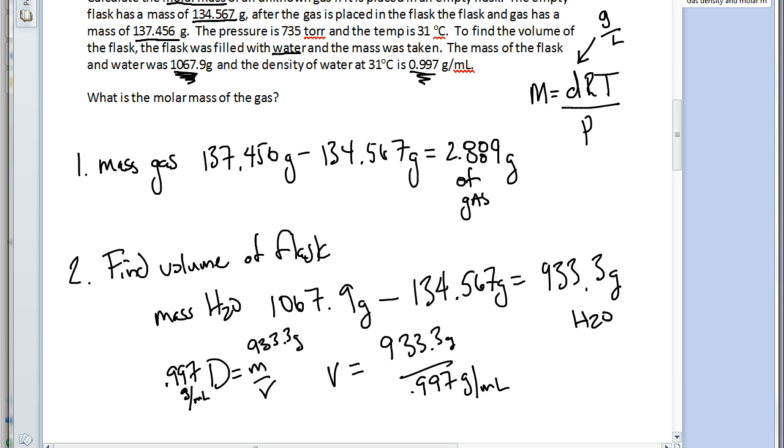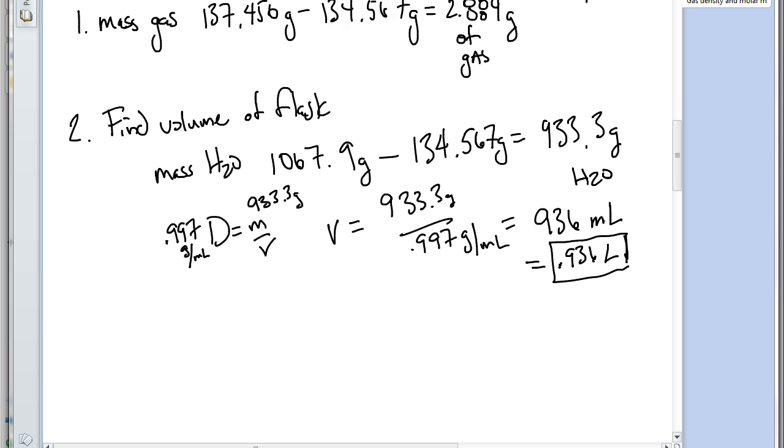When I divide those two, I come up with 936 milliliters, which is equal to 0.936 liters. Okay, so that's an important piece as well. Let's scroll down here a little bit.